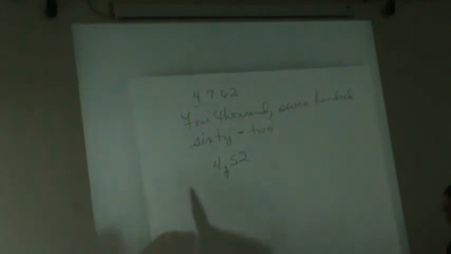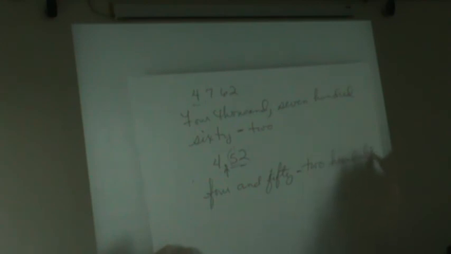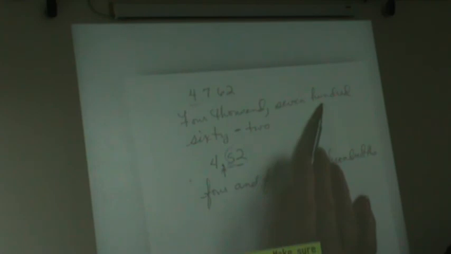Okay? 4 and 52 with the hyphen or dash, hundredths, okay? Don't ever put and unless you have a decimal, okay? Don't say 4,762 with an and. The and is only for the decimals.